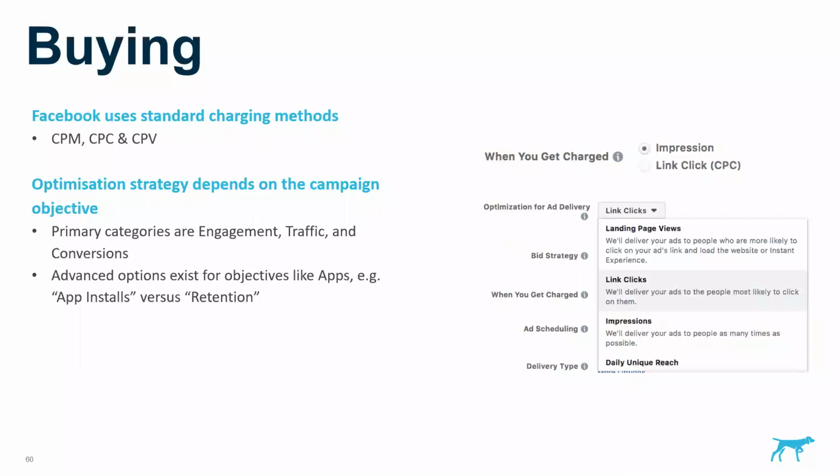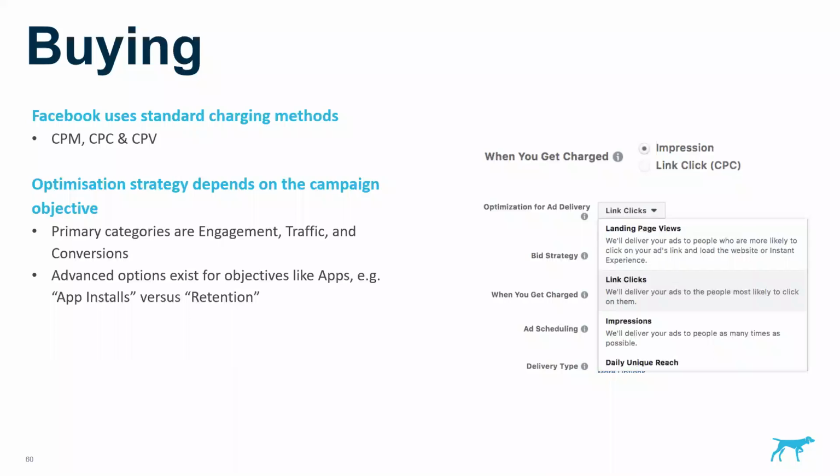In terms of apps, for example, you can look at people who are likely to install the app, or you can have a retention goal, which is people who are likely to open the app again after 2 days or 7 days.